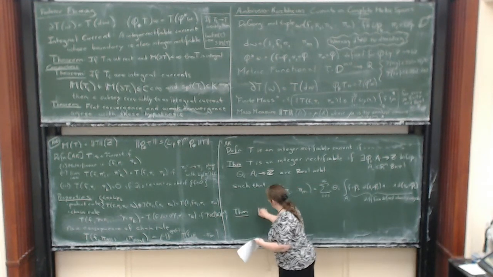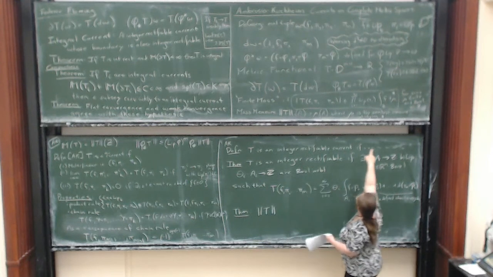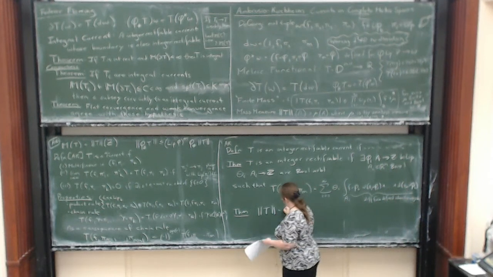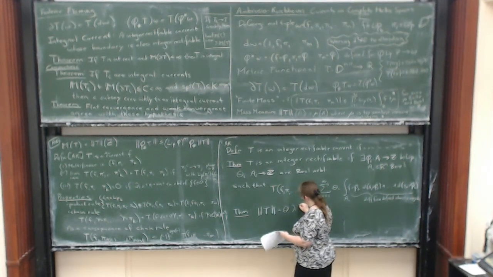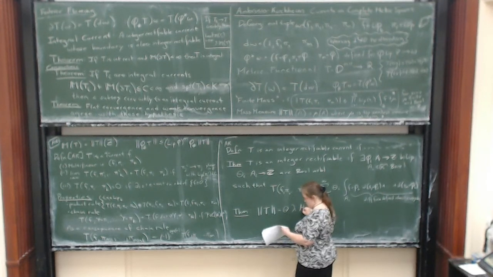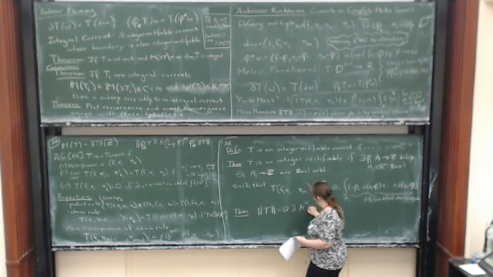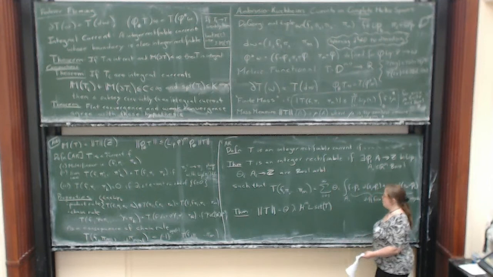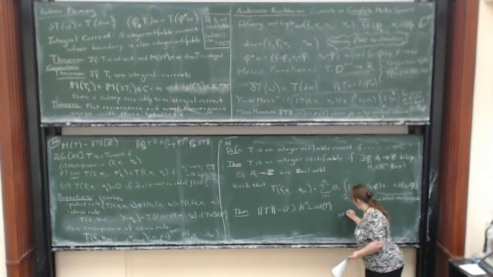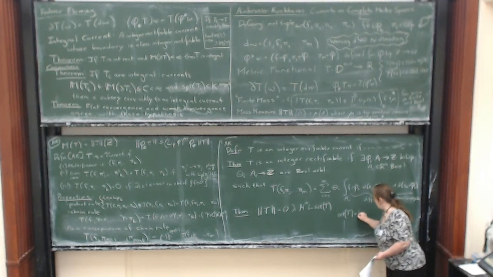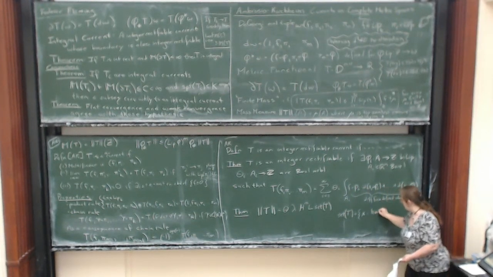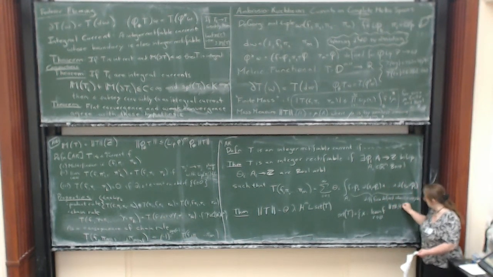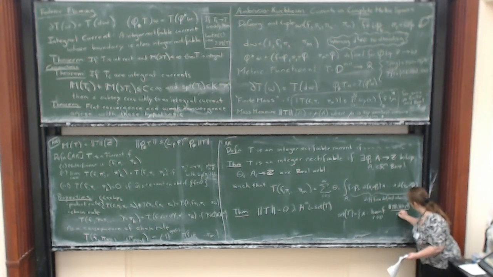That the mass measure that's been defined right here as the smallest measure satisfying star, in the case when it's an integral current, turns out to be theta lambda Hausdorff measure of dimension m restricted to the set of T, where the set of T, which I defined last time but I'll write it again, is the x's such that the lim inf as r goes to 0 of the mass measure of a ball of radius r over r to the m is positive.